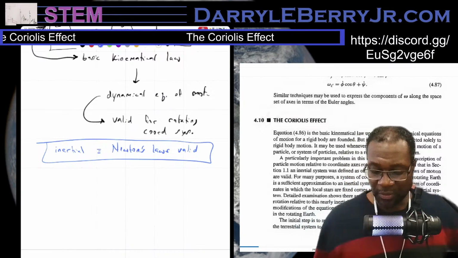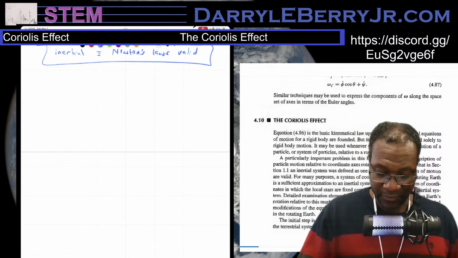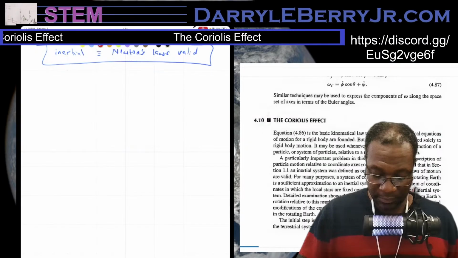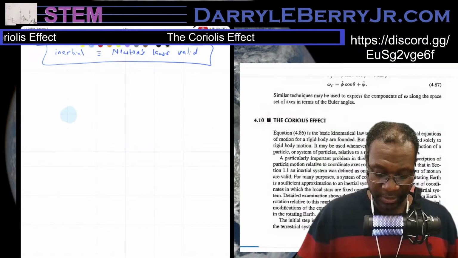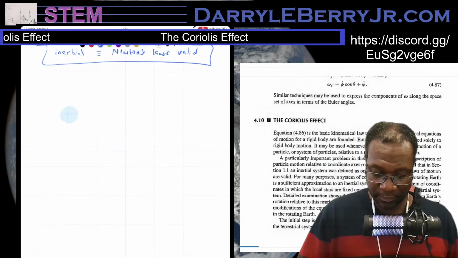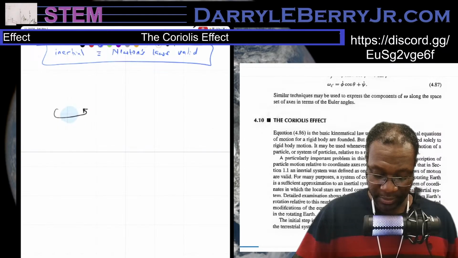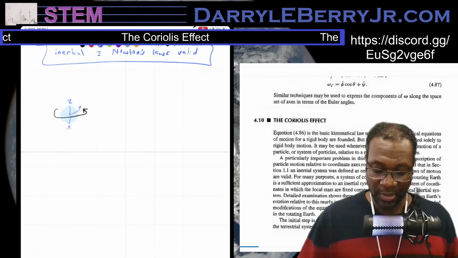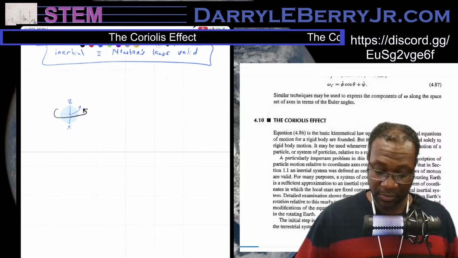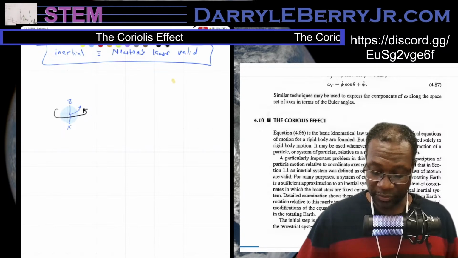Okay. So it seems like they're saying we have Earth rotating here, and we can make a coordinate system fixed in the Earth, and it's basically inertial, but Earth is moving relative to the local stars.